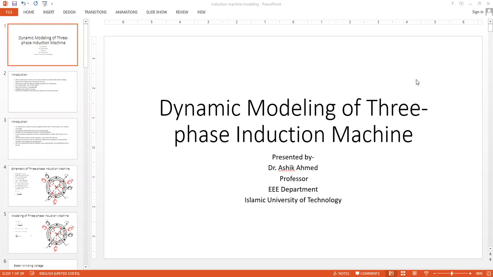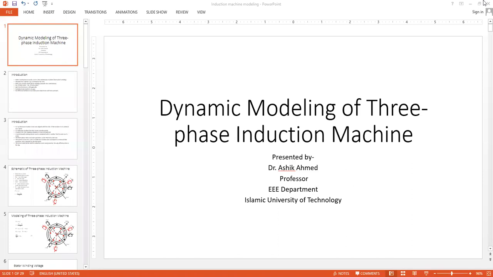So up to the last class, we discussed mainly the generation side. Basically, we talked about the dynamic modeling of the synchronous machine, that is the conventional generation system. And then we continued the discussion from the generation end.